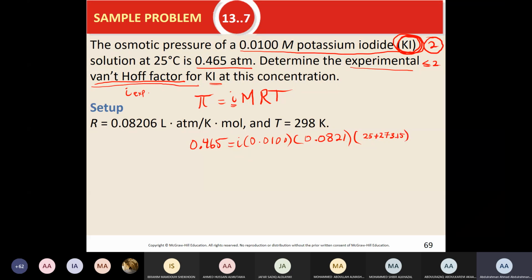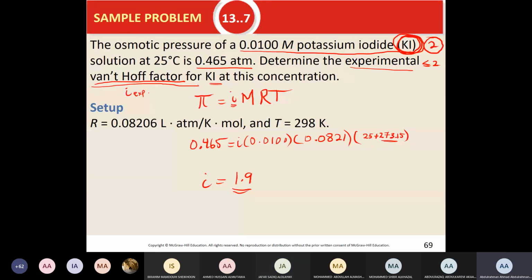You must memorize the number 273. Yes. Okay, use your calculator. Calculate what's i. 1.89, which is 1.9. Very good.